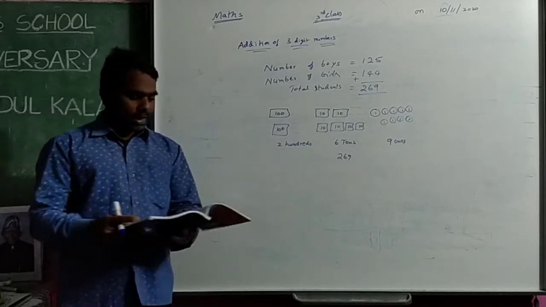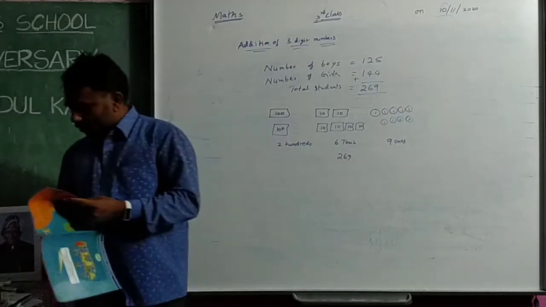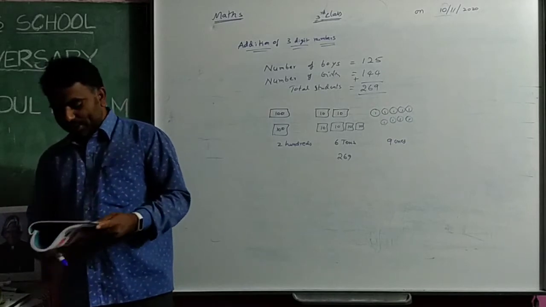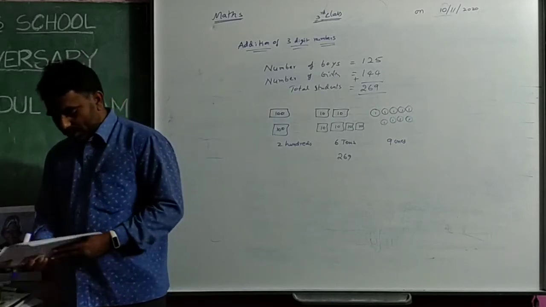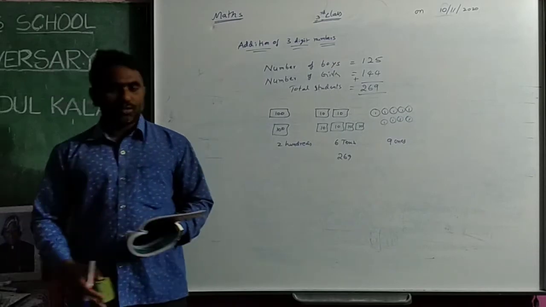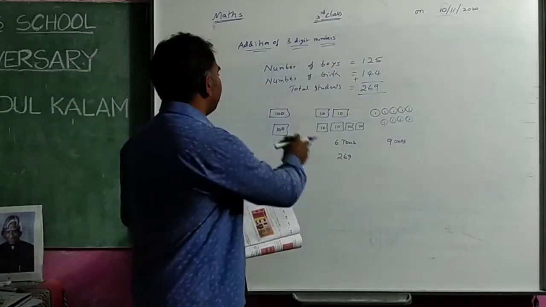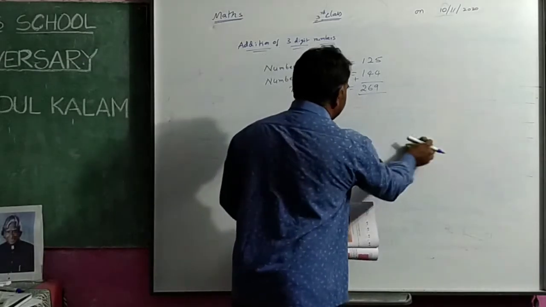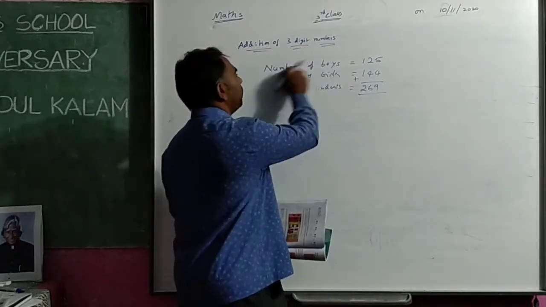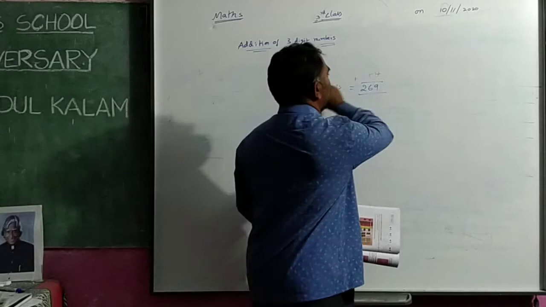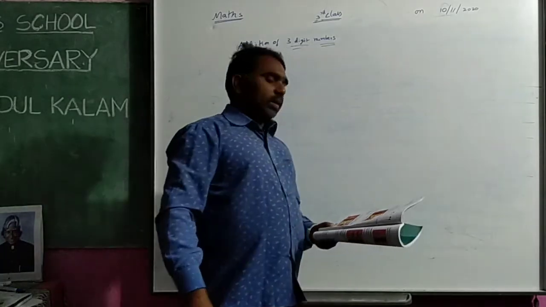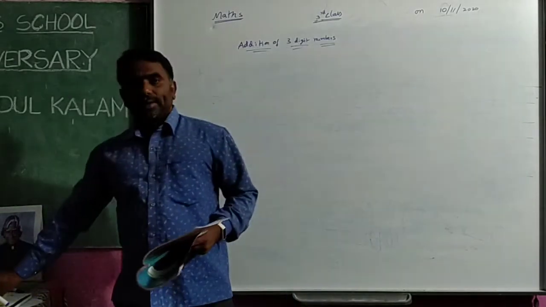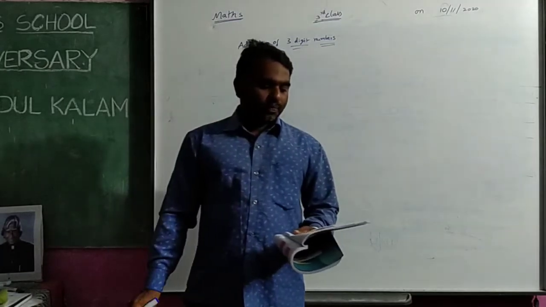Very good. After writing that, one more example problem is there. Can you see here? Same page number 36 only, there is one problem. I will read it. You have to do that, not me. This is the homework you need to do. You can do it in the textbook only, no need for the notebook. Listen to the question.